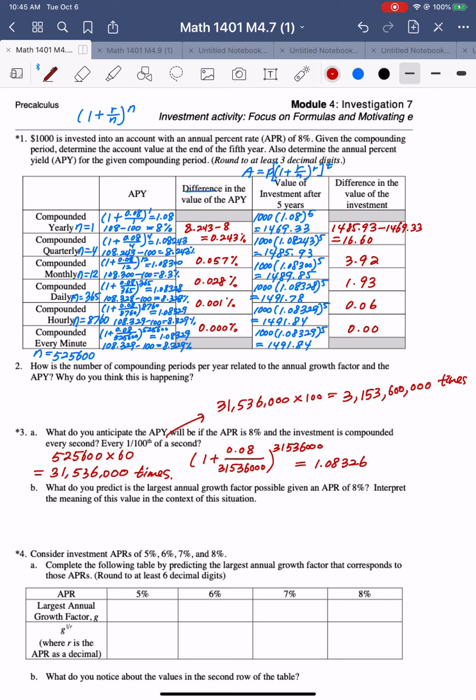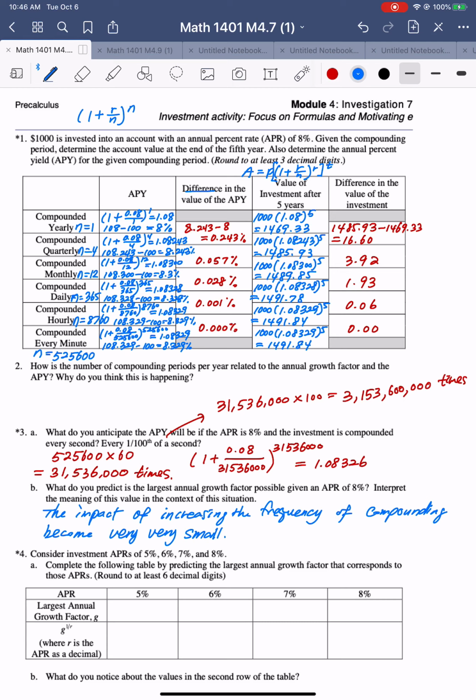So what we can say is the impact of increasing the frequency of compounding becomes very, very, very small.